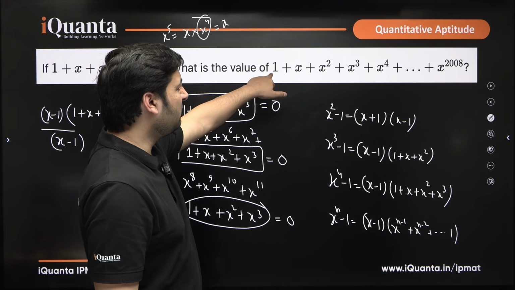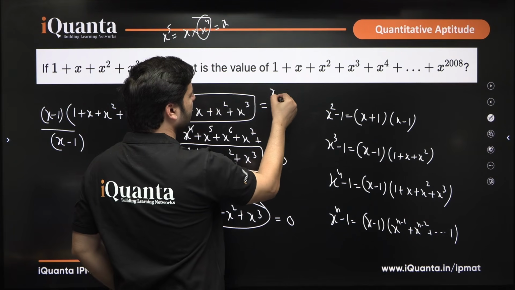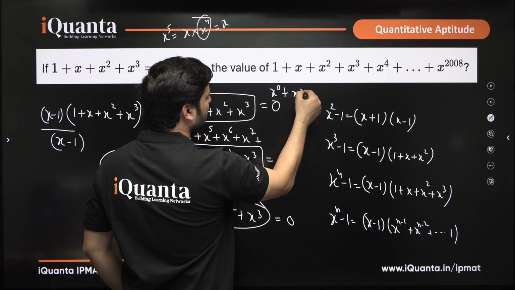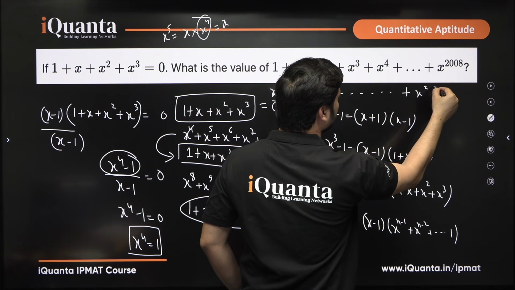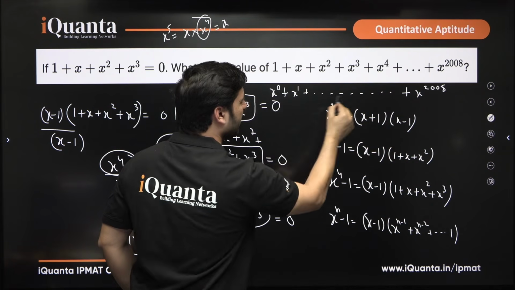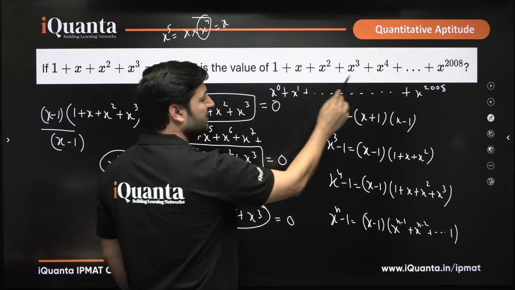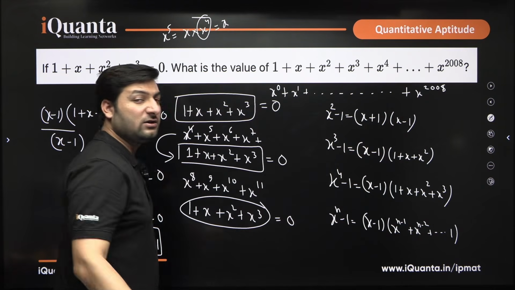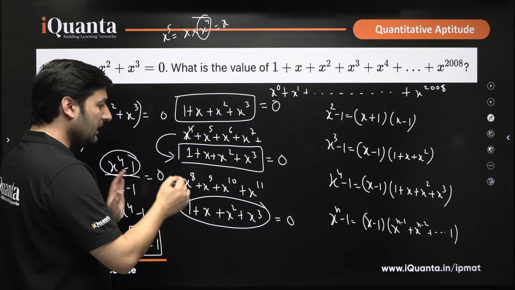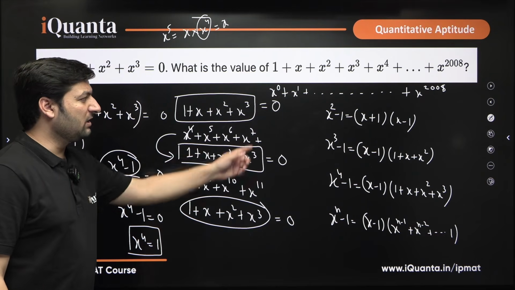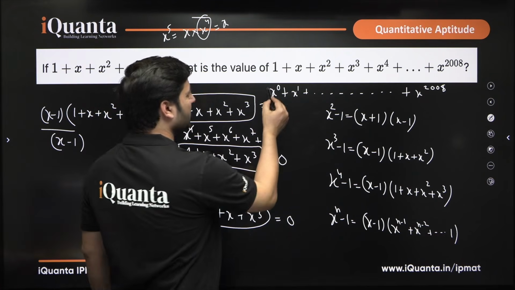I have to start from 1. 1 can be called x to the power 0, this is x to the power 1, and I have to keep going till x to the power 2008. So how many terms do I have in this entire series? I am starting with 0 going till 2008, so there are 2009 terms here, yes or no? Every group of 4 terms starting with the first one is giving me 0.